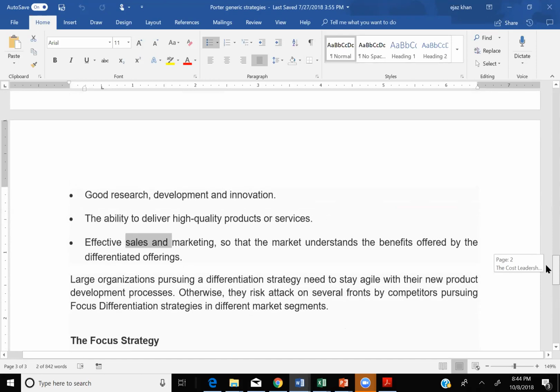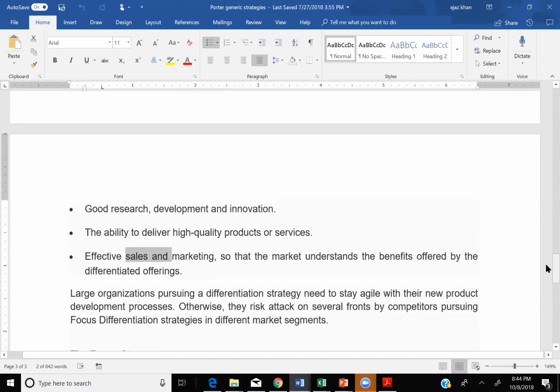So these were the characteristics or requirements for a particular strategy to be successful.